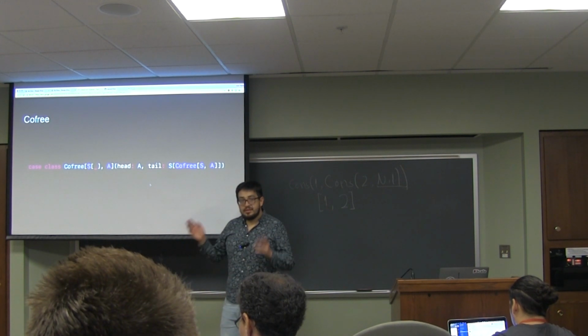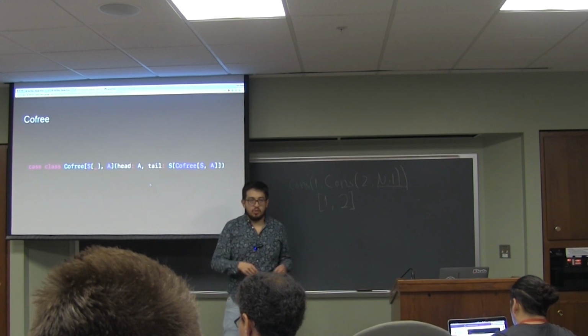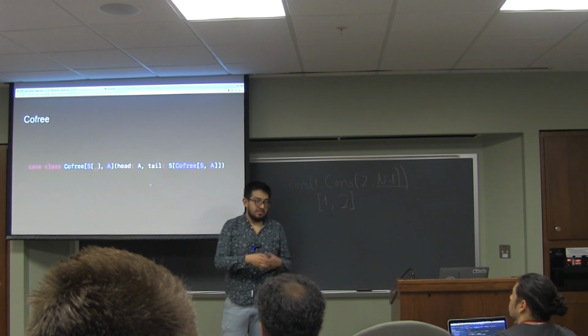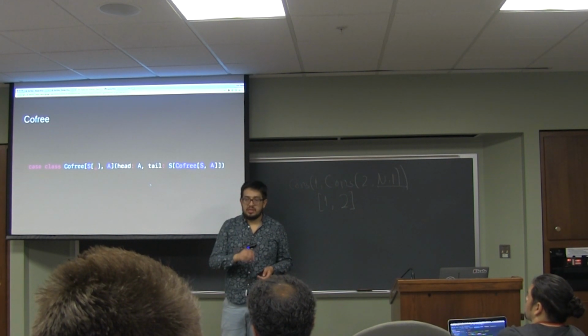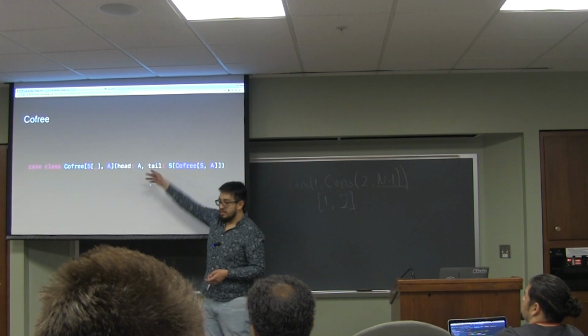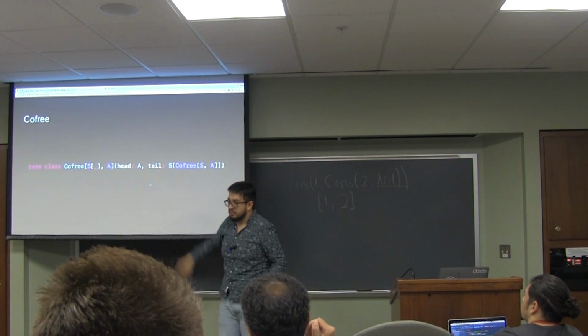But these are basically the same thing. One is fixed with an extra constructor, that's free. One is fixed together with some value A as a product. But as you can see, it's the same thing.